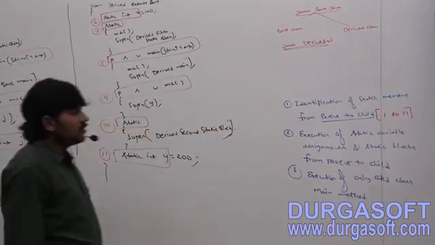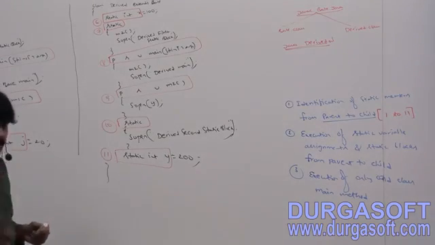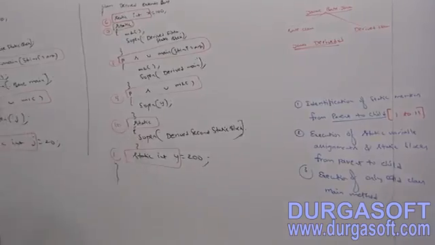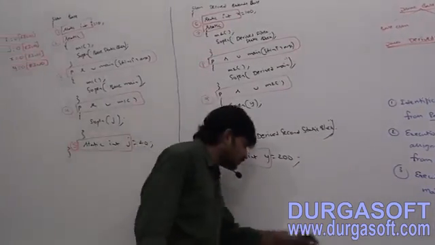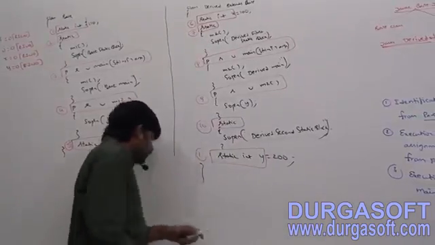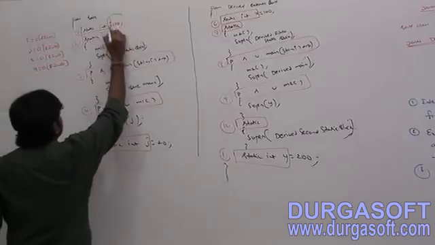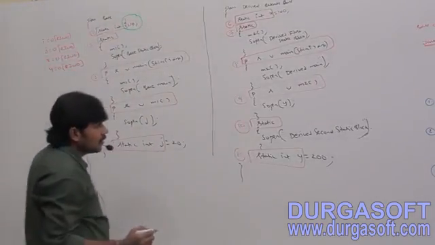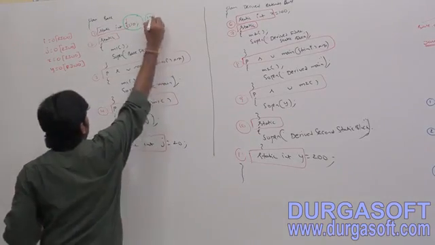Completed the first one. What is the second? Execution of static variable assignments and static blocks from parent to child. Now observe this one. Listen, i = 10. 11 is already completed, so that's the 12th step.